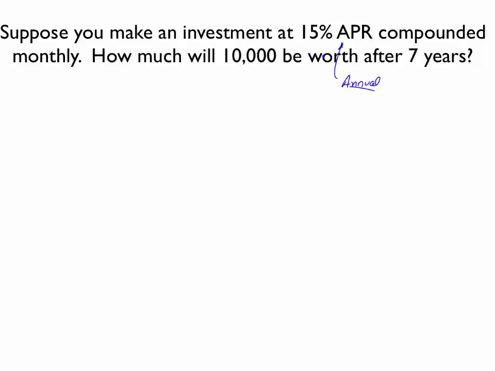Okay, so the first thing we need to do is get the monthly rate. So 15% APR compounded monthly, what is the monthly rate? This is the one time when you do get 1%, so to speak, from another directly.